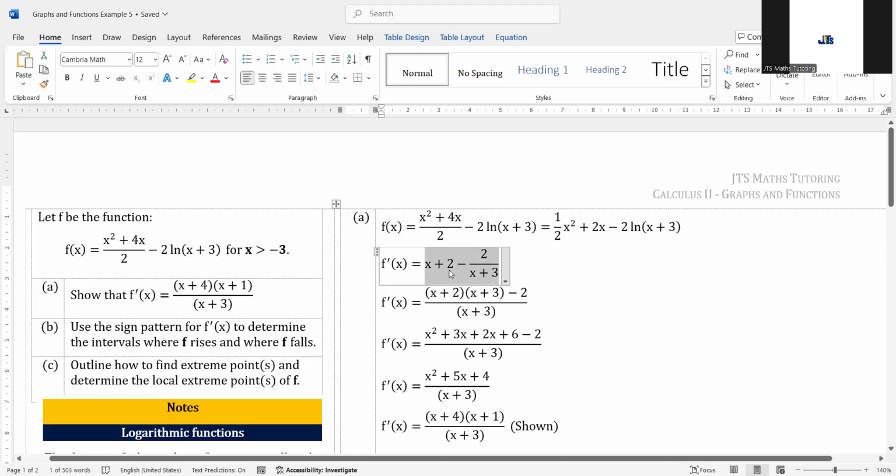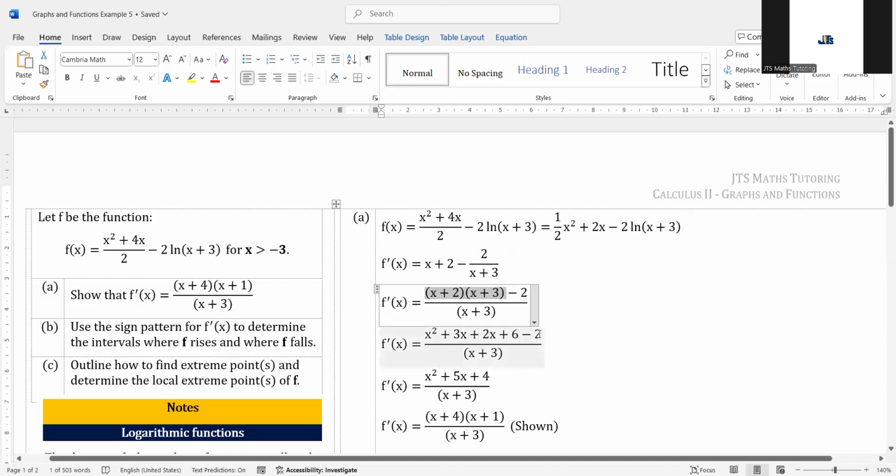Then we are going to rewrite this as a quotient. So we have x plus 3 as our common denominator. 1 into x plus 3, that's x plus 3 multiplied by x plus 2, which is what you see right here. x plus 3 into x plus 3, that's going to give us a 1 multiplied by negative 2, which is what you're seeing right here. Our next step is to expand this: x multiplied by x is x squared, x multiplied by 3 is 3x, 2 multiplied by x is 2x, 2 multiplied by 3 is 6.